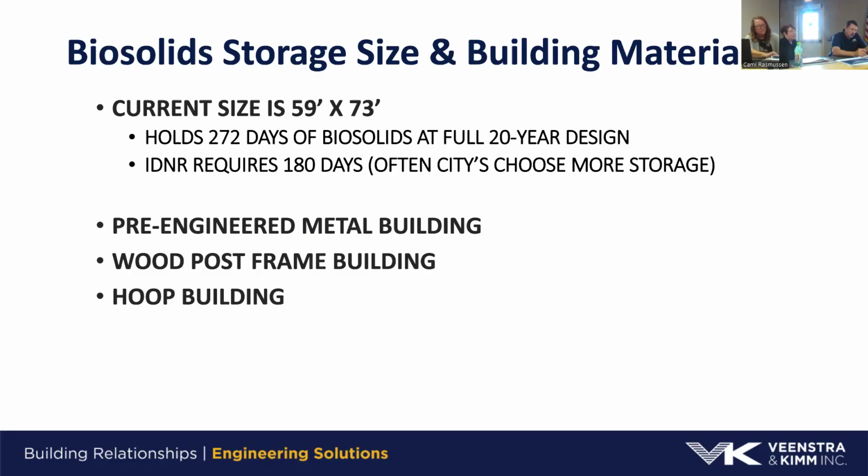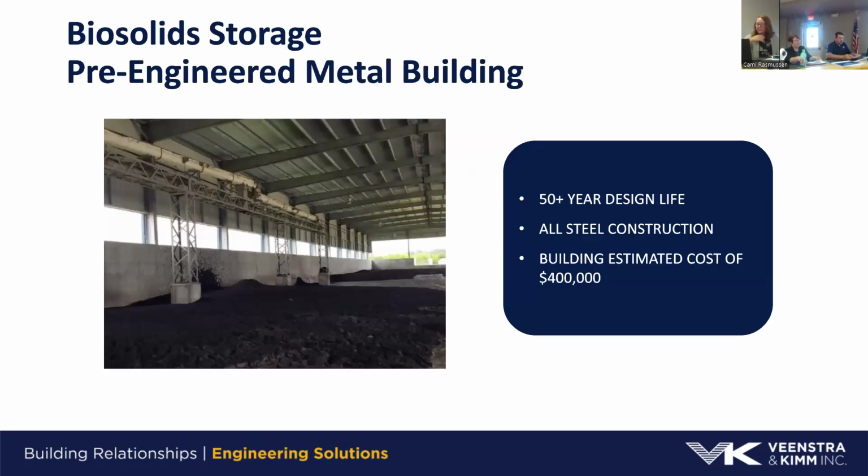There's also a number of different building material types that we could look into. I'll go through the pre-engineered metal building, the wood post frame building, and the hoop building on the next slide, a little bit more in detail. The next slide is the pre-engineered metal building. We included a photo just so you can get an idea.